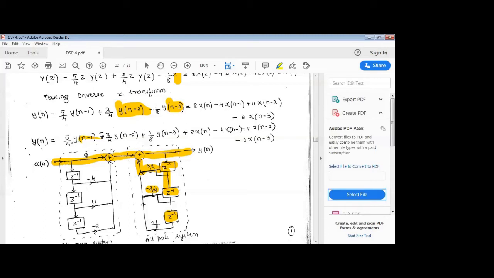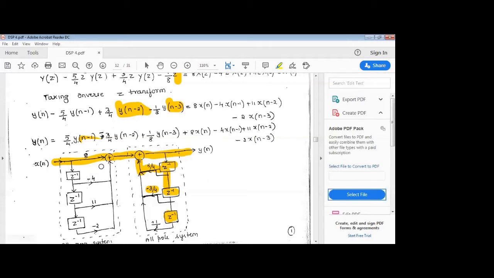We have another delay element, that is x of n minus 1. Of course, this is my x of n minus 1 here, which is with the delay element z inverse. So we need another 3 delay elements here also, that is x of n minus 1, n minus 2 and n minus 3. So we need 3 delay elements here also.